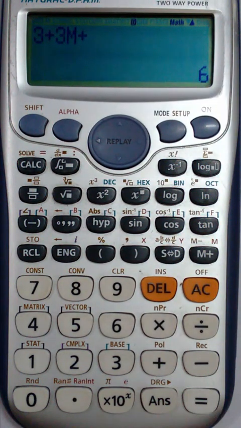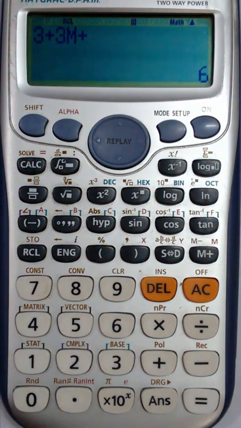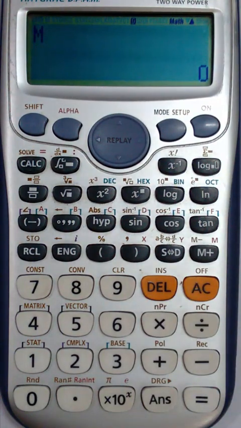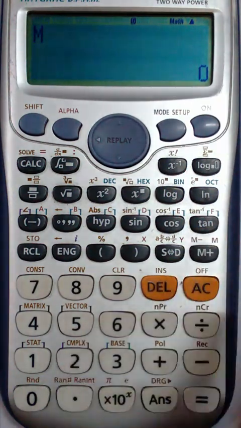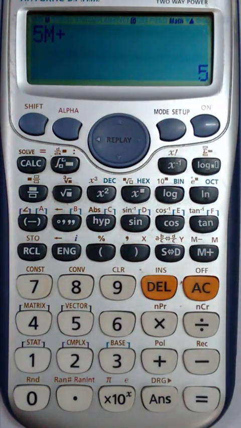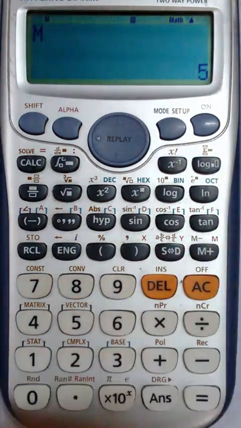Then I want to find this total, so I press RCL and check the memory. Suppose I want to store the result in memory, I press M plus and I want to check what result is stored in M. Store, you get this value.